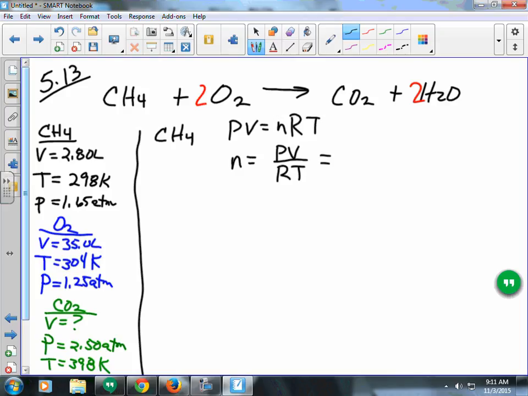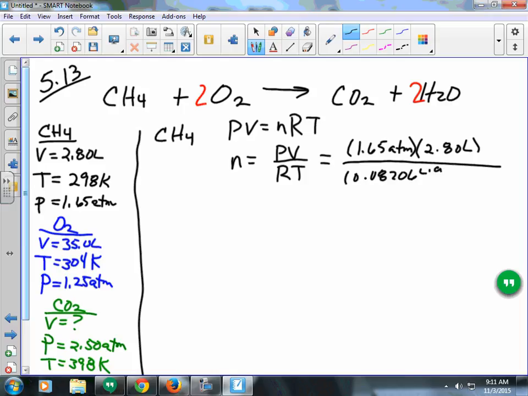So for methane, we have pressure 1.65 atmospheres, volume 2.80 liters, R is 0.08206 liter atmospheres per mole Kelvin, and for temperature 298 Kelvin.